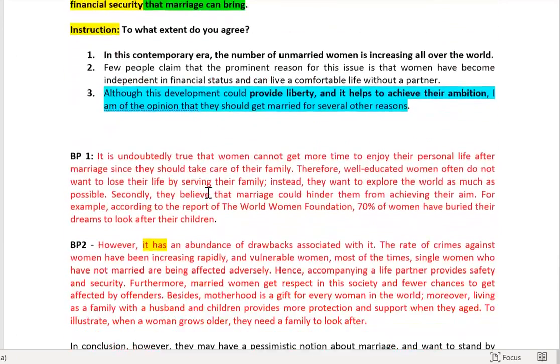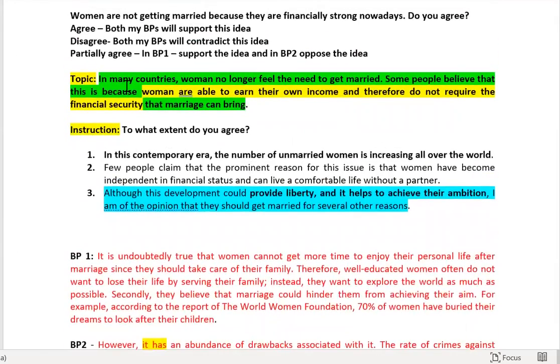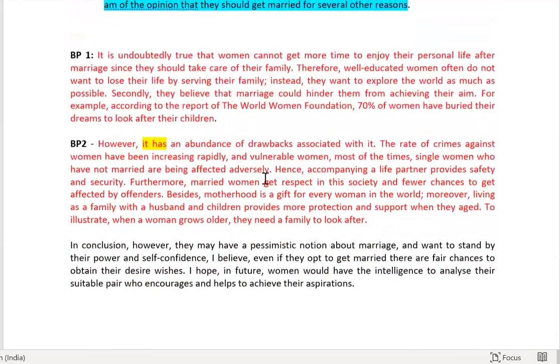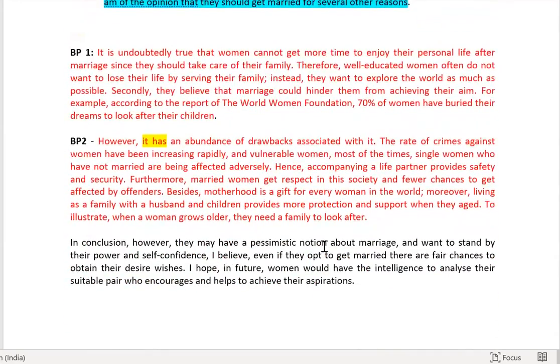If someone writes, it is very important to understand what is the main question and then only write on that. And now in conclusion, they may have a pessimistic notion about marriage and want. So everything is just, you can read it. I believe even if they opt to get married, there are fair chances to obtain their desired wishes. I hope in future women who have an intelligence. So yeah.